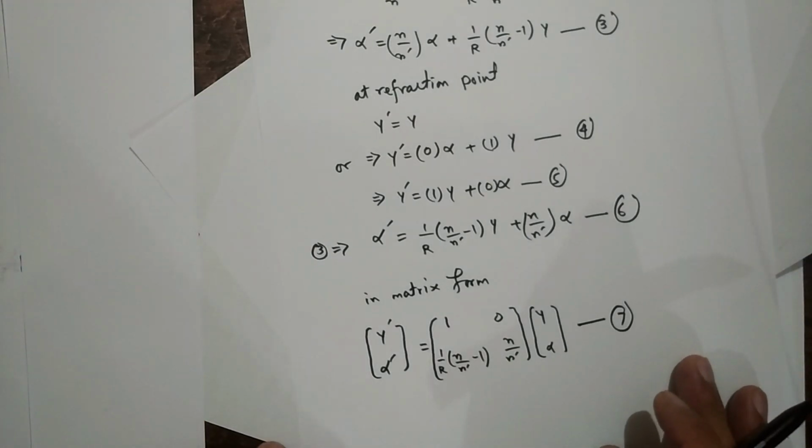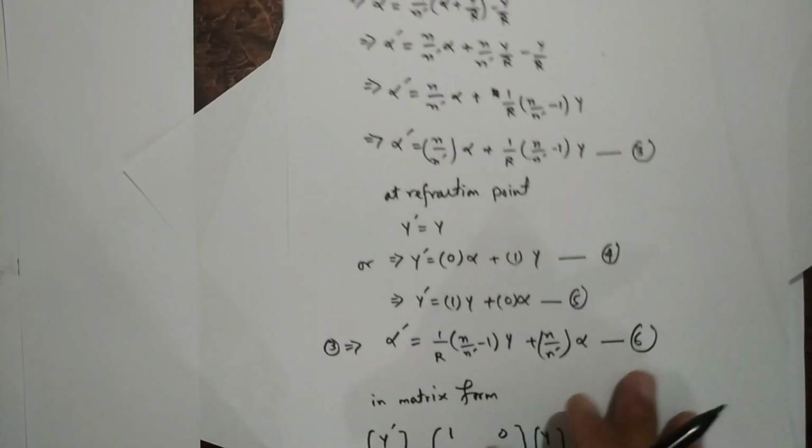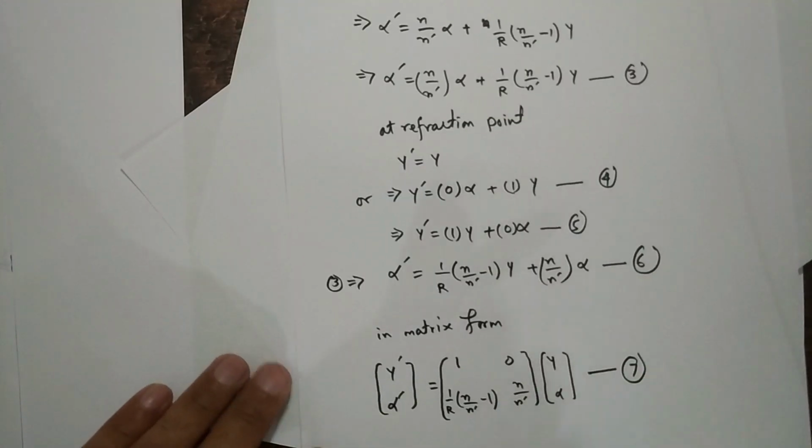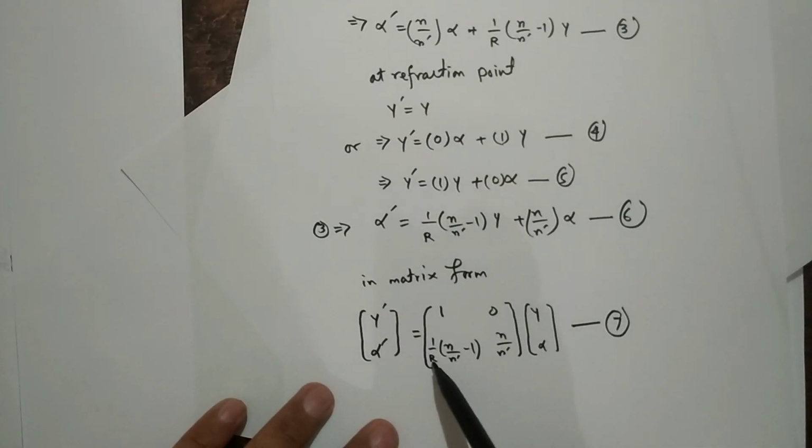Here we use a sign convention for r that should be familiar to you. Here in the diagram we consider the convex surface, so here this r is positive.